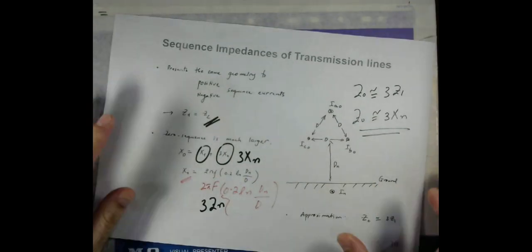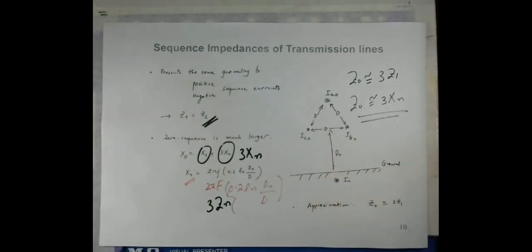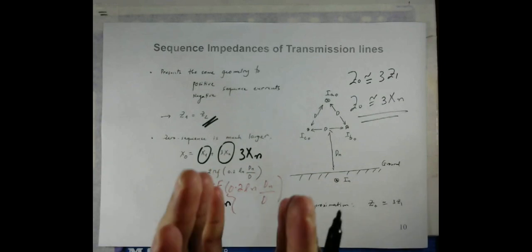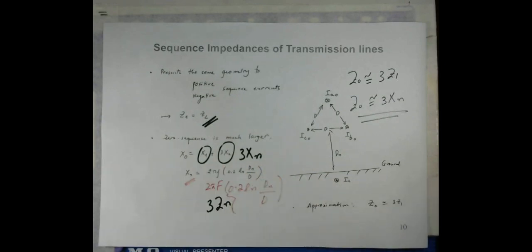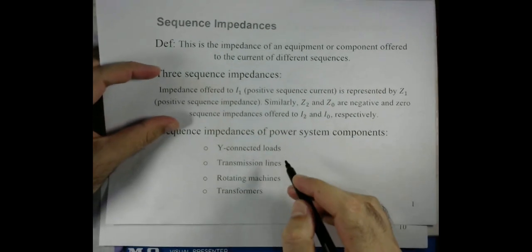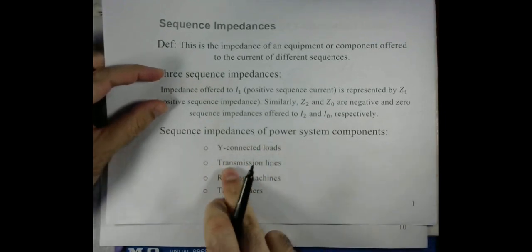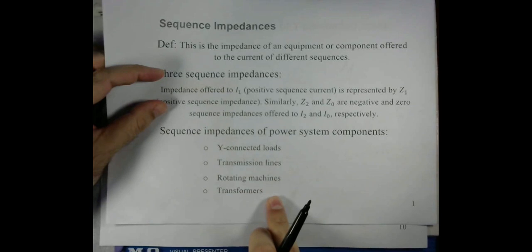So this was the case where we discussed the sequence impedances of the transmission line. As I mentioned in the beginning, in this course we will talk about the sequence impedances of Y-connected loads, transmission lines, rotating machines, and transformers.